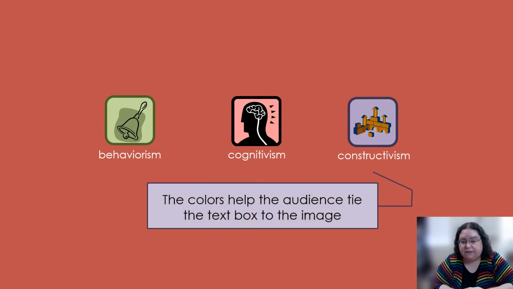And if you notice, I also made sure that the colors correlated with the icon to help tie those together. And I could conceivably continue with this and have other text boxes that appear as I continue through this. So it's still just leaving that one text box on there, and I can see how it applies to the other concepts that I'm discussing.